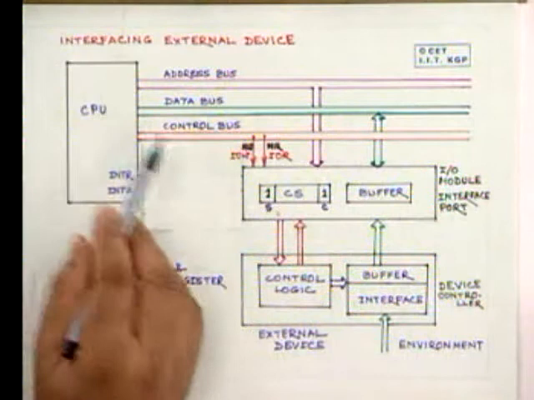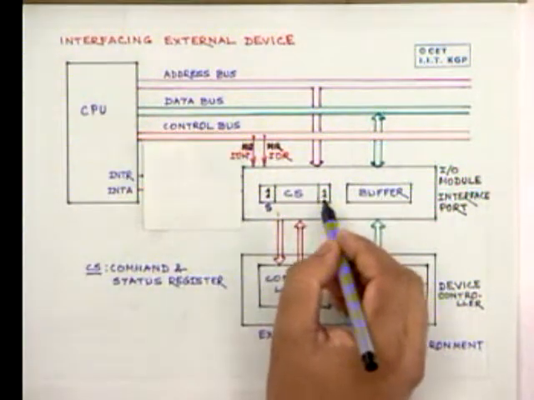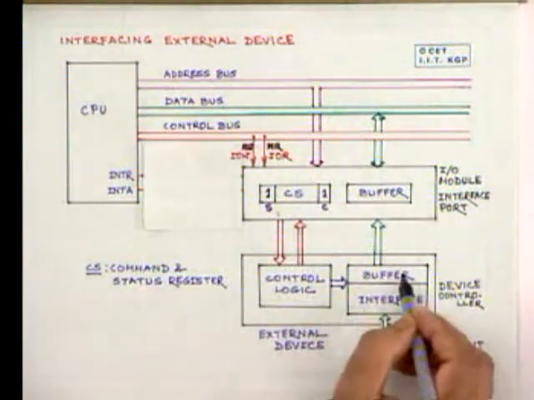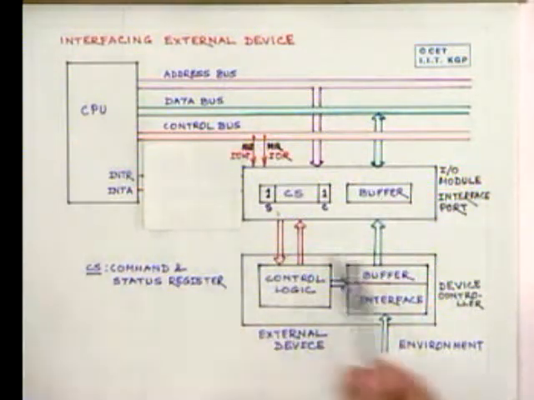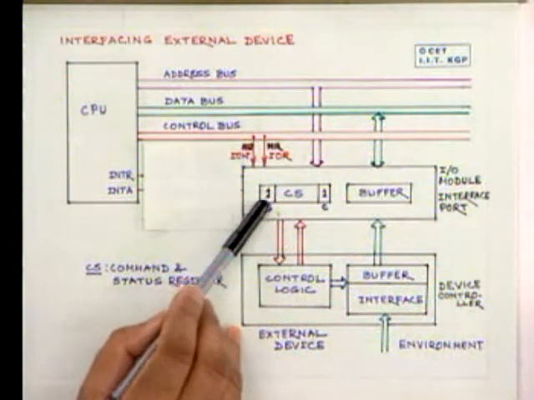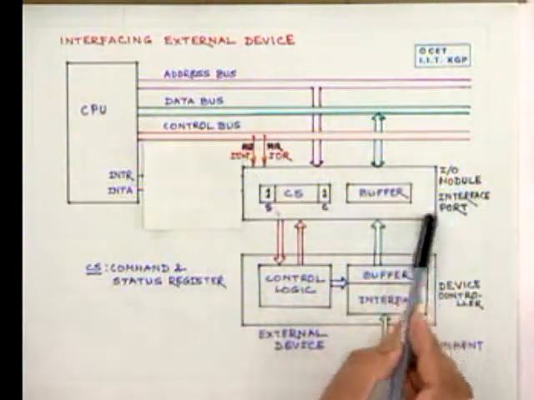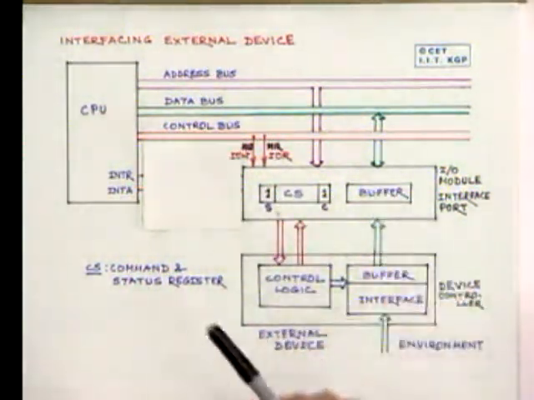The CPU commands the device by setting this bit to 1, saying that it needs the data. The device, on creating the data, sends the data to this buffer, and at the same time puts a 1 in the status register. That means the status register is changed from 0 to 1, indicating that the data is already in the buffer.